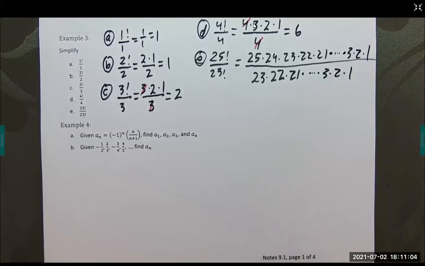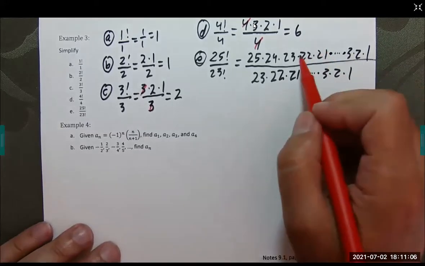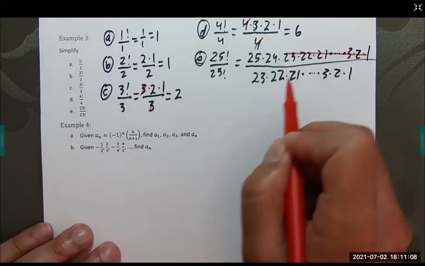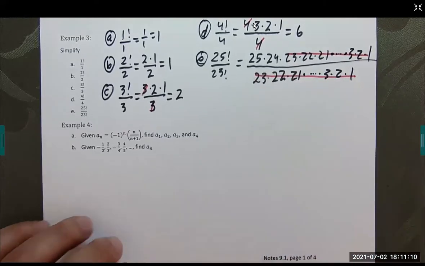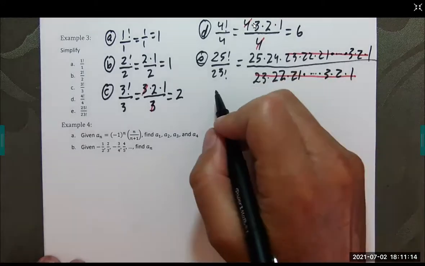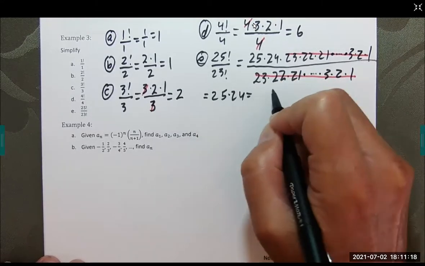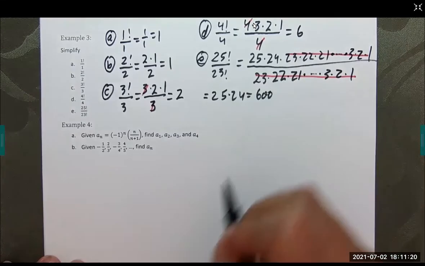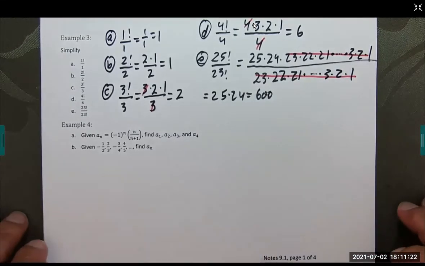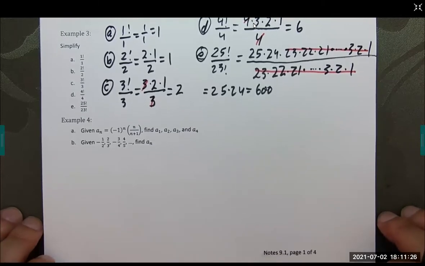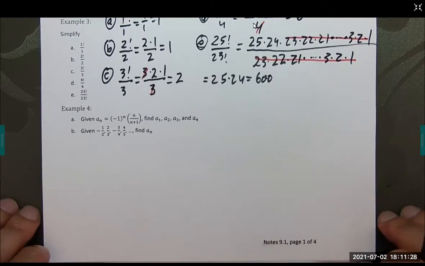And can you see those are the same, and they reduce out, giving us the 25 times 24, which is 600. Factorials are actually very, very useful in things like probability and counting.